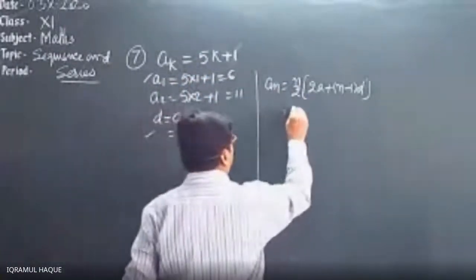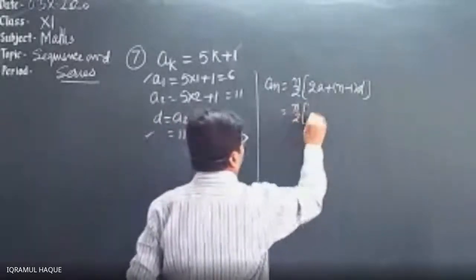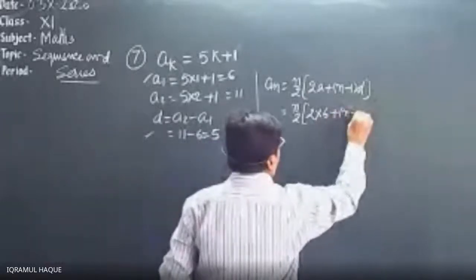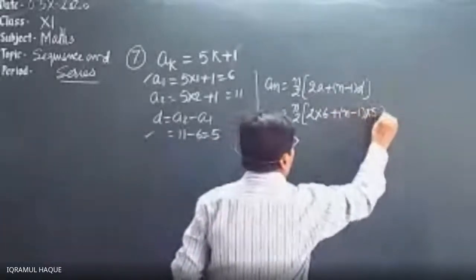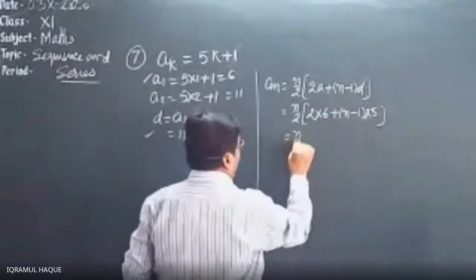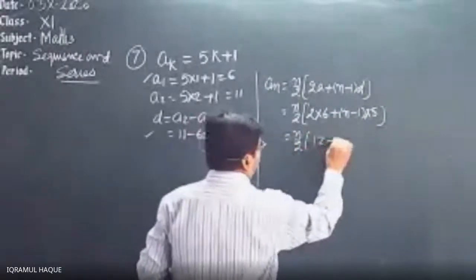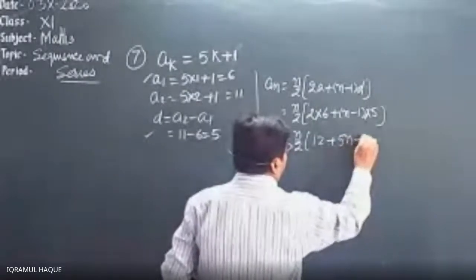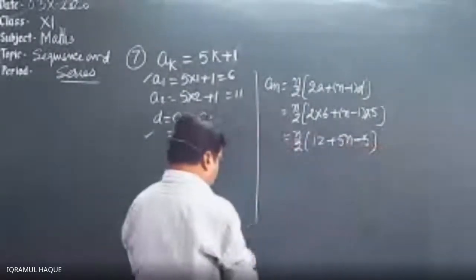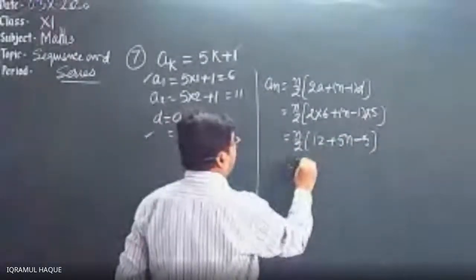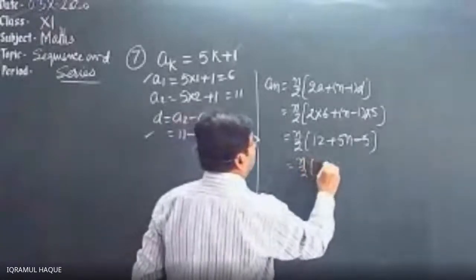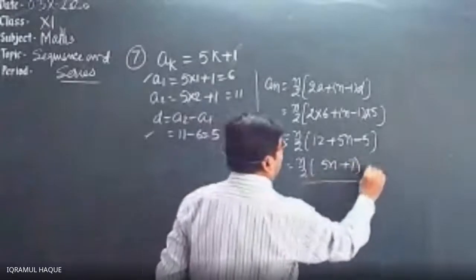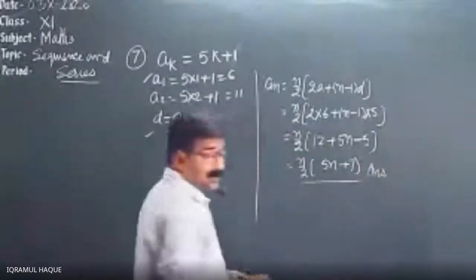So, N by 2, 2 into 6 plus N minus 1 into 5. Simplify this. N by 2, 12 plus 5N minus 5. So what we have? N by 2, 5N plus 7. You can leave this much as the answer or you can multiply in the bracket. Simple one.